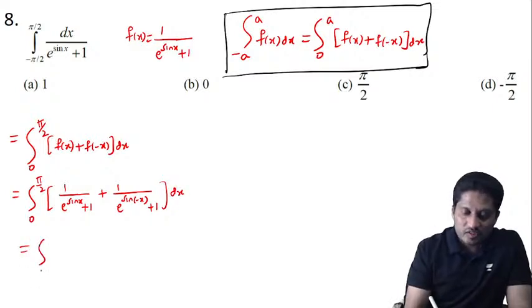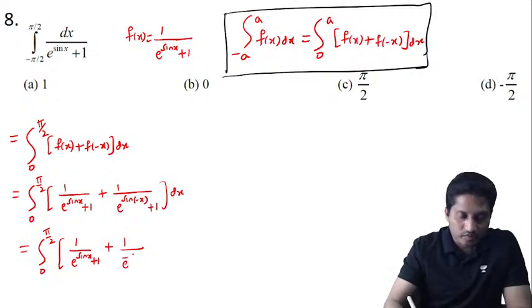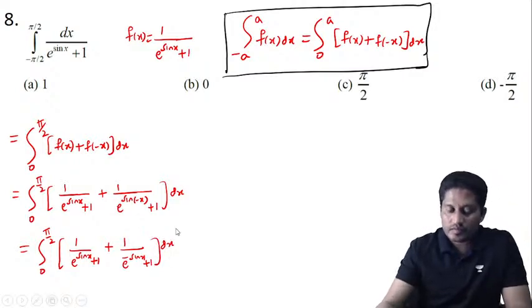So this is the integral from 0 to pi by 2 of 1 upon e to the power sin x plus 1, plus 1 upon e to the power minus sin x plus 1, dx. Yes, Raju, right?